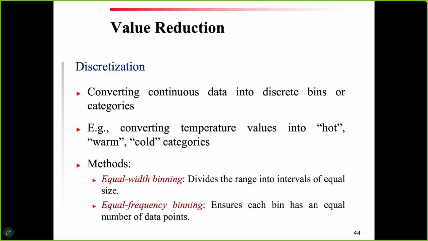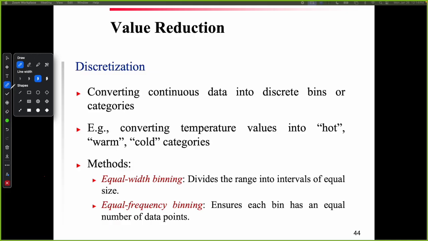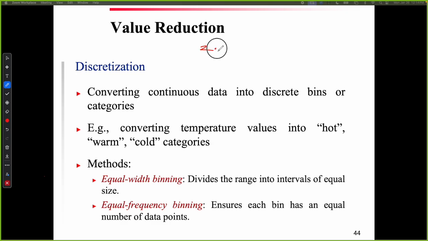So just to review, in equal width binning, you split the range into equal sized intervals. For example, if you recall, we had several values: 2, 5, 8, and let's say I already sorted these values, 10, 20.